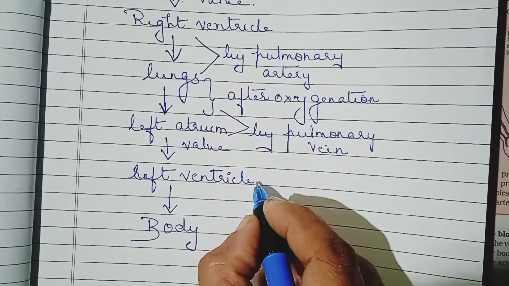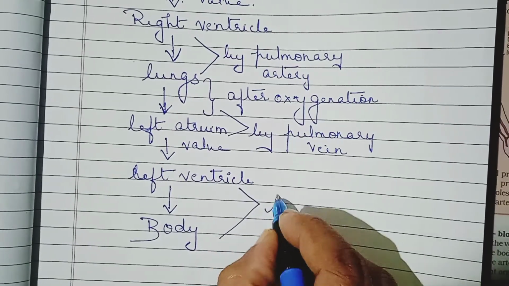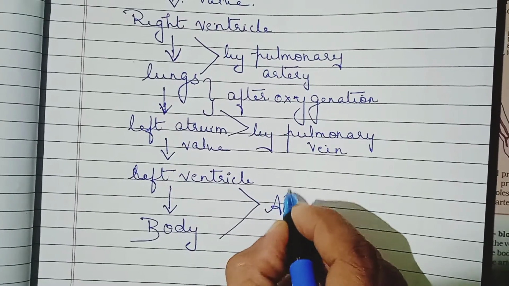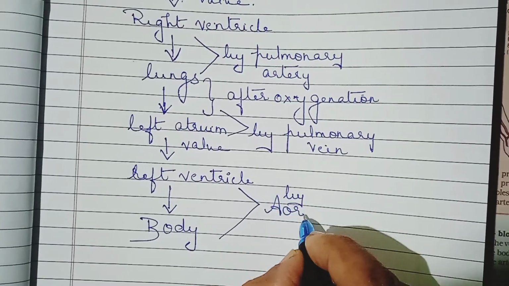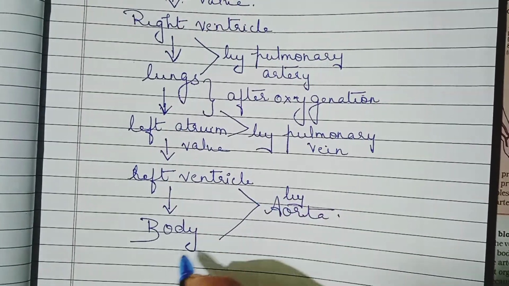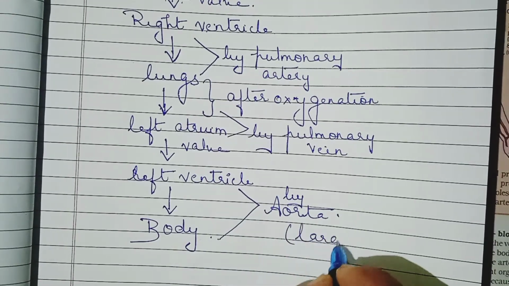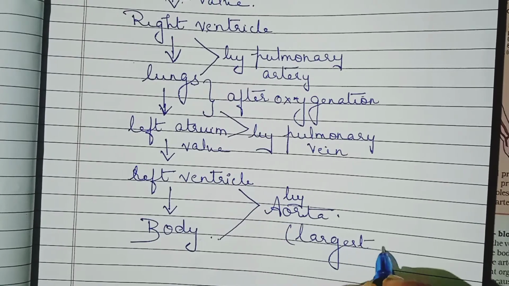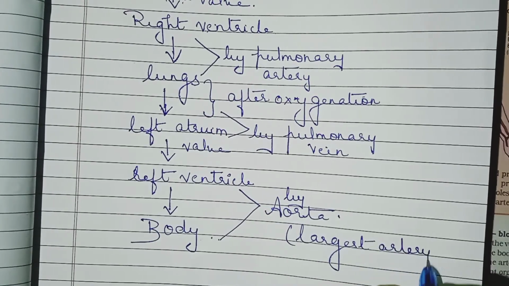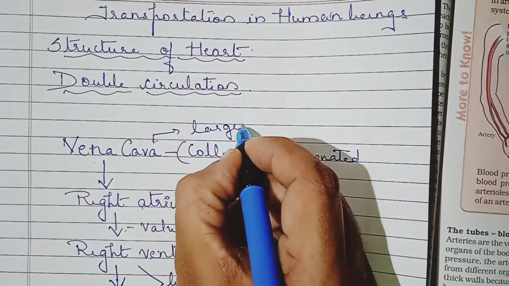That is oxygenated blood. By whom? By the aorta. Okay, now if you see, this aorta is the largest artery, and also the vena cava is the largest vein.